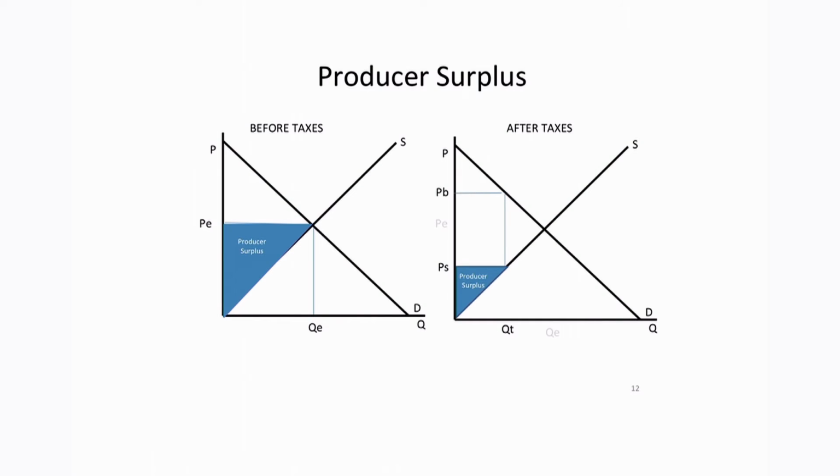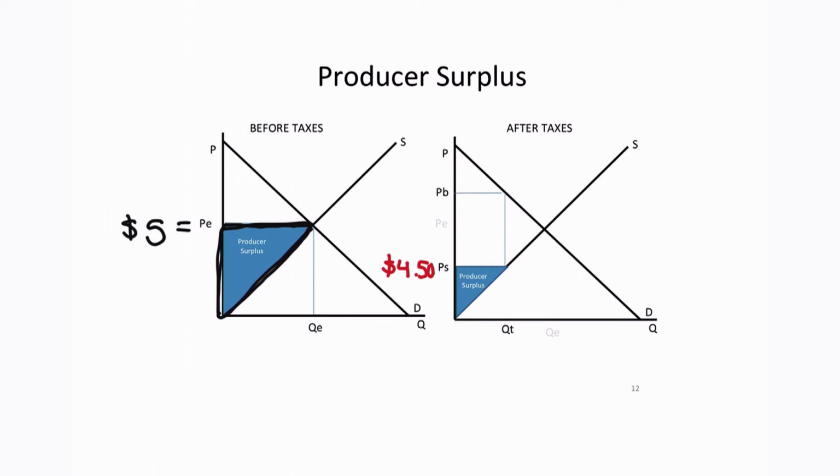For producers in equilibrium before the tax, the price was $5. Their producer surplus was the area below the price and above the supply. So here is our producer surplus. Now, once the tax is imposed, the price that they receive is $4.50.